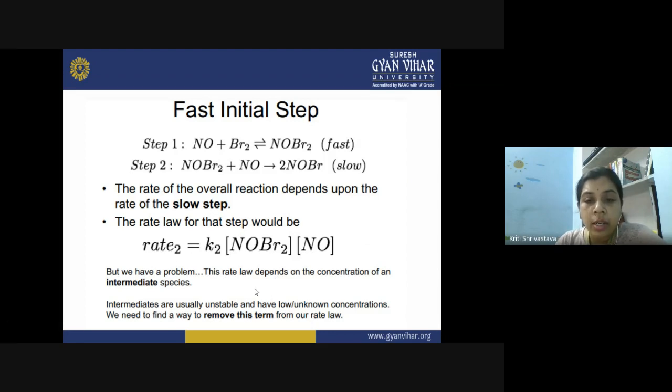Intermediates are usually unstable, and they have low or unknown concentrations that are difficult to measure. So we have to find an alternative way to remove it. You cannot measure the concentration of NOBr2, so how will you remove this term from the rate law?